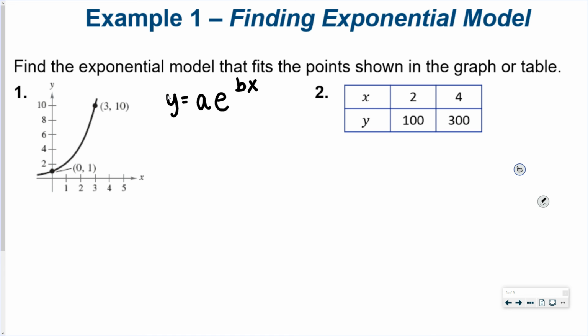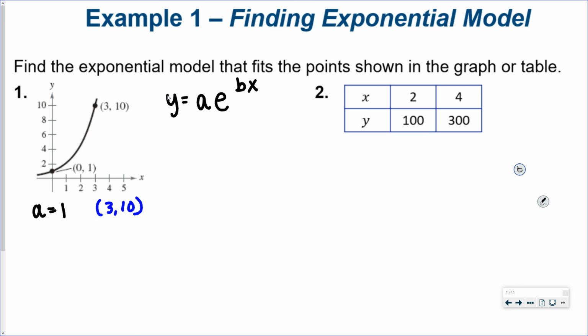Do I know my initial amount? Yeah, right? My initial amount, or my y-intercept, is 1. So here I know A is 1. And then I also know this random point, (3, 10), that's on my graph. What I don't know is what this b constant is.